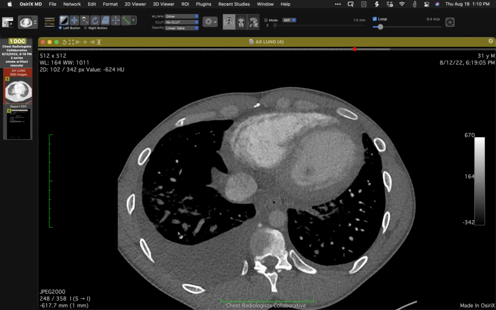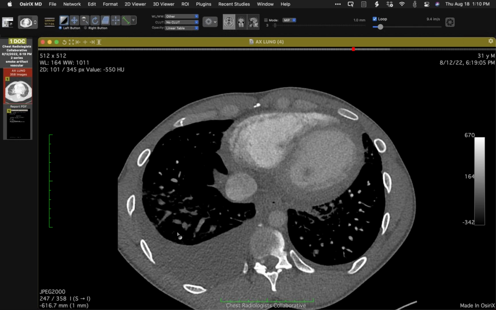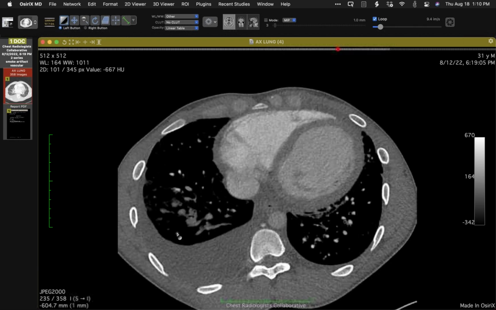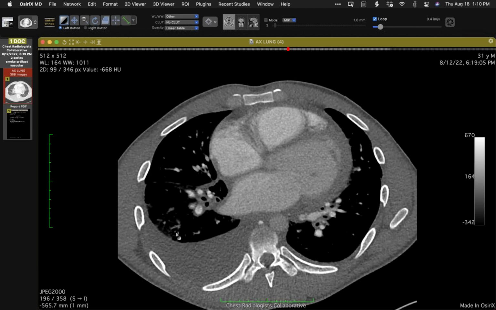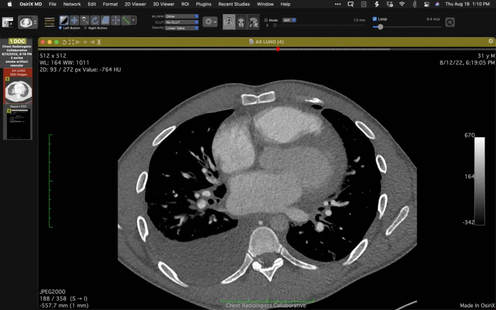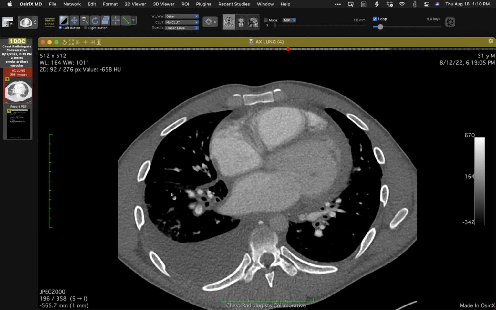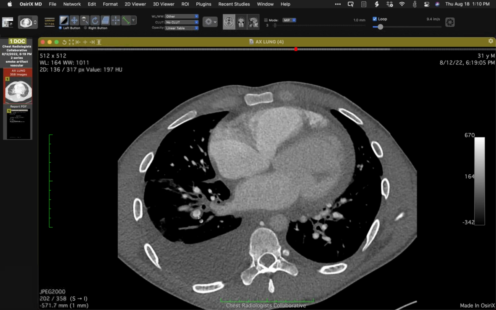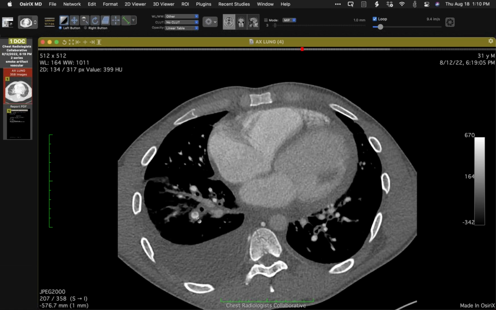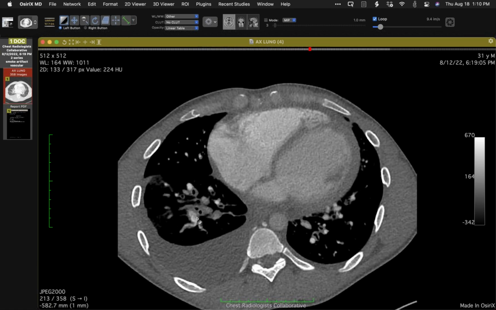And in fact, they're a little bit distended. So I think the very likely explanation here, and it can only be presumptive, is that we have a bronchial artery to pulmonary artery communication, congenital.